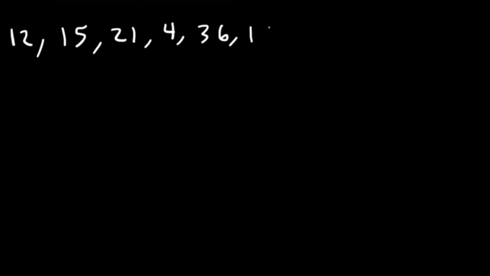Now let's work on one more example. This time we're going to have 10 numbers in a data set instead of 8. So the numbers are 12, 15, 21, 4, 36, 15, 11, 48, 29, and 38.